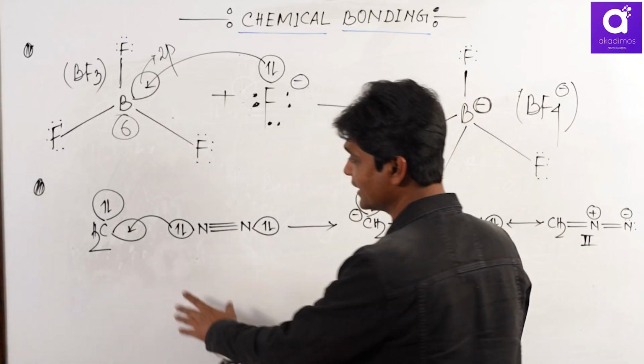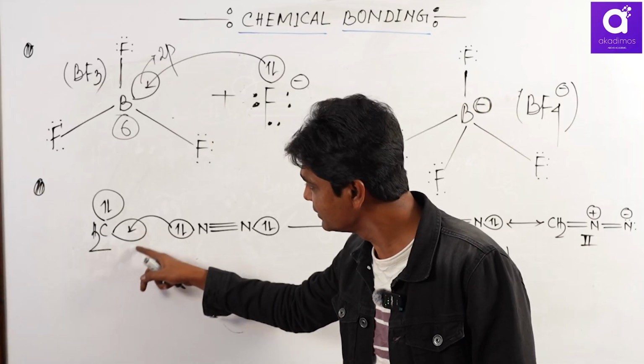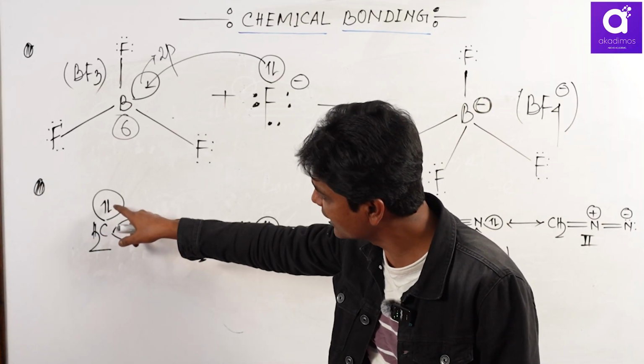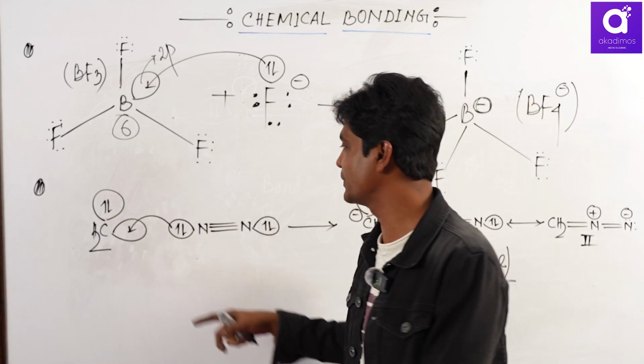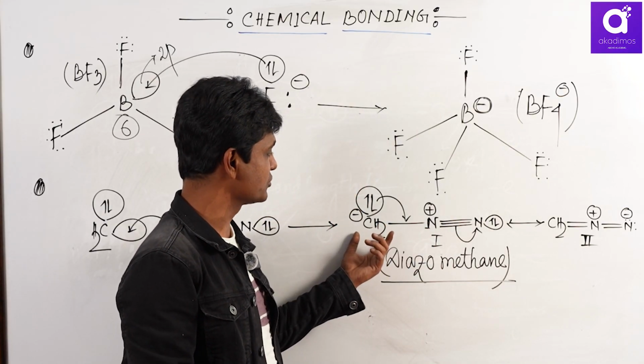Another I have taken here, diazomethane. CH2 radical I have drawn here. 2 sigma bonds, 2 electrons. I have kept them in a single orbital, 1 orbital is vacant, and nitrogen is the electron pair donor, and you got a molecule where nitrogen is donor with plus charge, CH2 acceptor with minus.